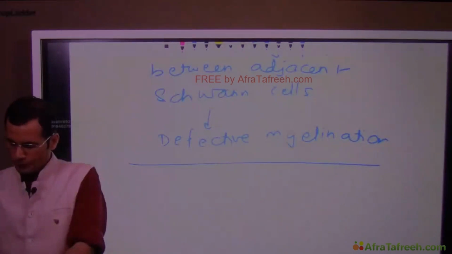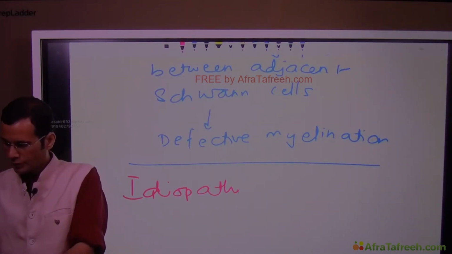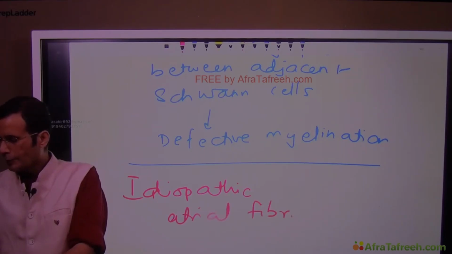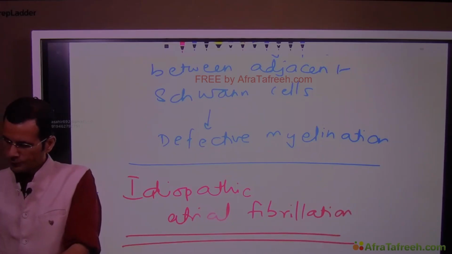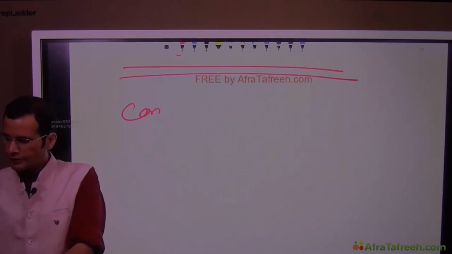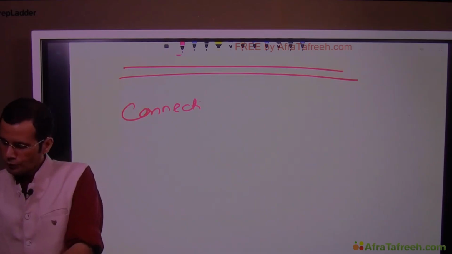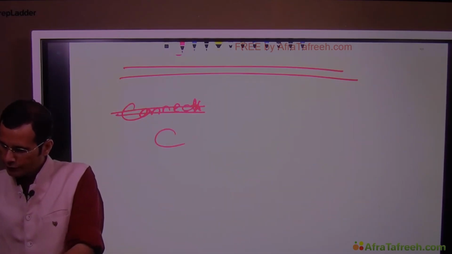One more, idiopathic atrial fibrillation. Another disease due to defective gap junctions. Well, this results from defective connexin 40.